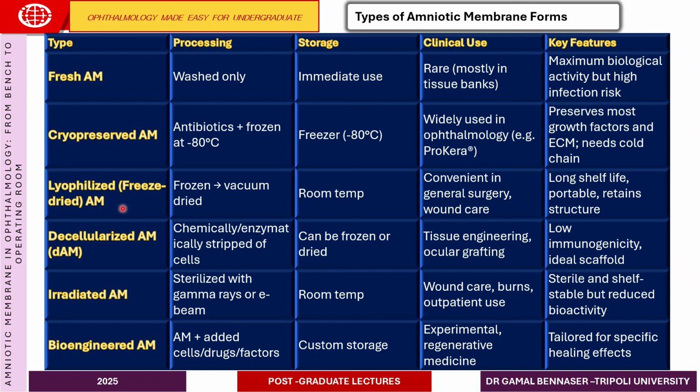The advantage is that you don't need a very low temperature to preserve it, but you can use it at room temperature, and it is useful and convenient for general purposes in ophthalmology as well as in other specialties, and it has a long shelf life with substantial retained physiological factors and the growth factors that provide the effect of the amniotic membrane.